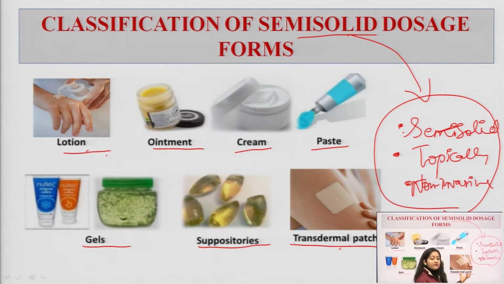So, when we hear lotion, ointment, creams, paste, gels, suppositories, or transdermal patch, the first thing that should strike our mind is that all these are categorized under one heading, and that is nothing but semi-solid dosage form.